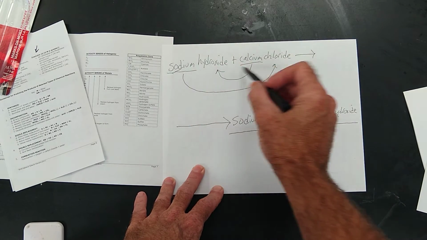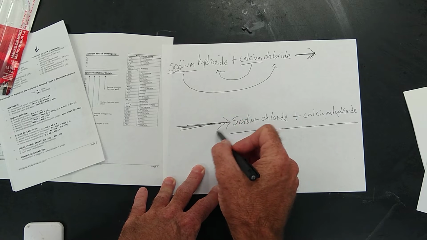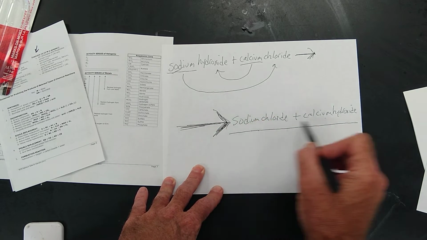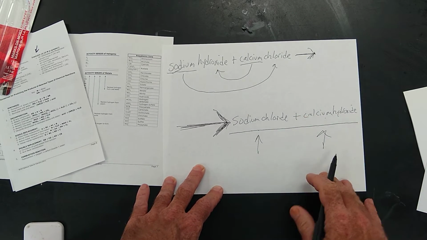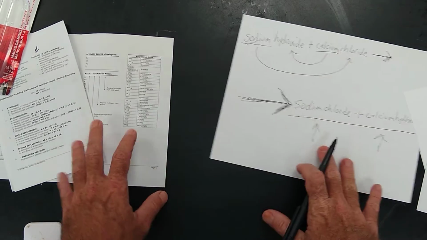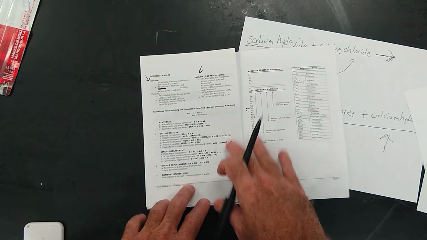These are our reactants, and then here's the arrow. And I had to continue it down here because I wrote too large, okay? And here are our products. So let's see if either one of these products is going to be a precipitate. In other words, let's see if either one of these is going to be insoluble. Again, we're going to look on page 6 up here at the top.